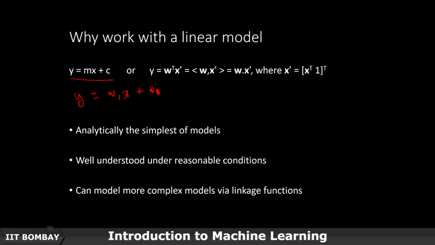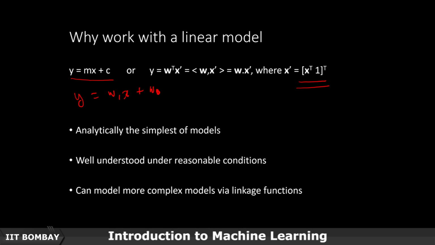Okay, and the way we will write this is as y is equal to the dot product of w and x. Okay, so we don't want to deal with w0 as a separate entity. So we will try to absorb it in the w itself. Before we can do that, we will express x with one additional term, and we will call it x dash.